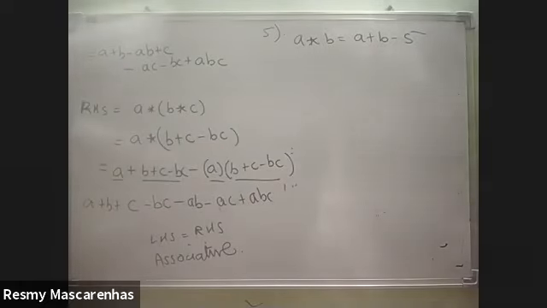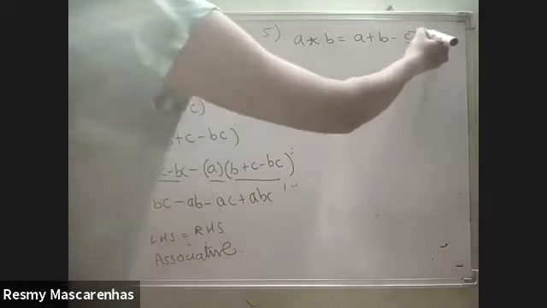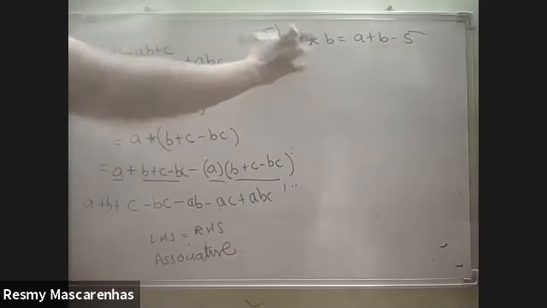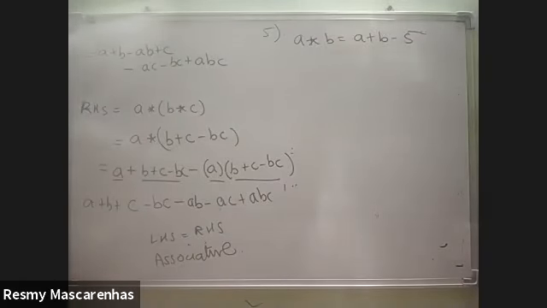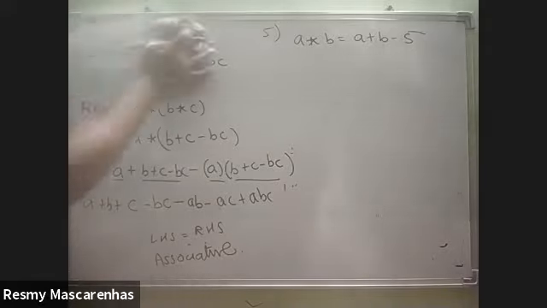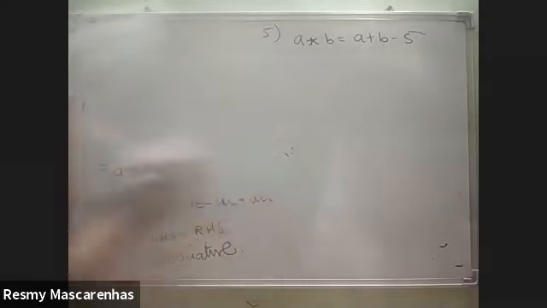Also find the identity element. Okay, so we have to show that this is commutative and associative. So these are all from the question papers.